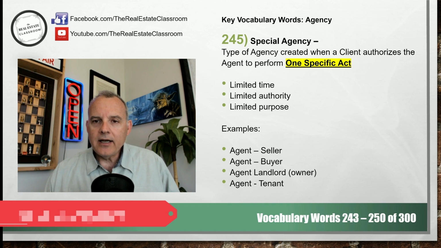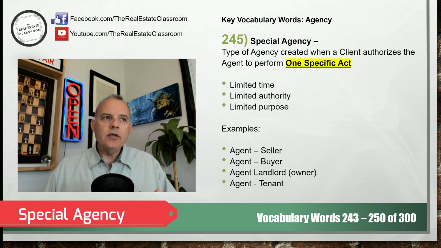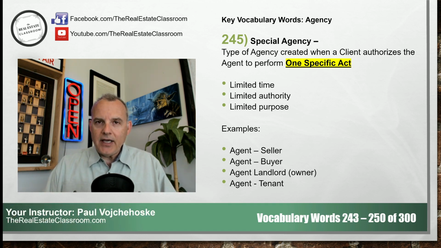Number 245. Now we're going to get into the actual types of agency relationships. The first one I want to talk about is a special agency. Now, depending on the type of agency, the client is going to have an expectation of the level of performance of that agent.